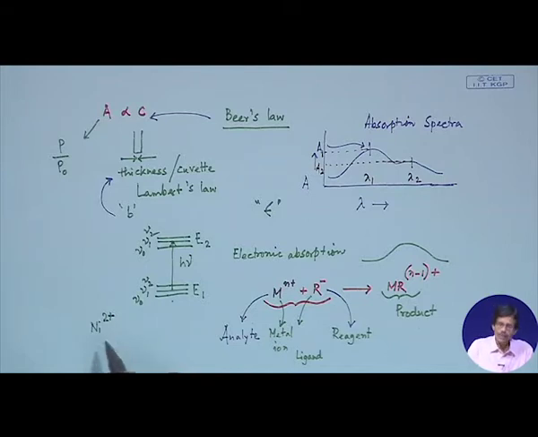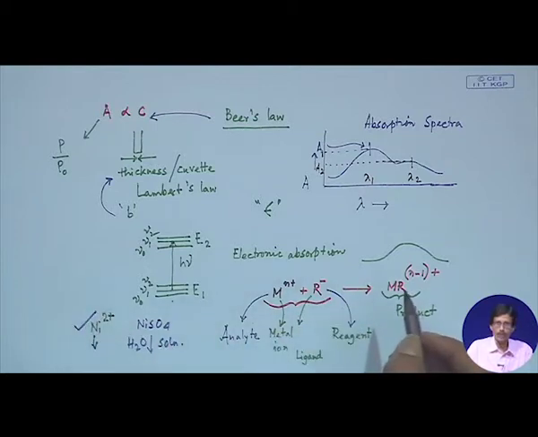So, if we use nickel sulphate for the solution, and this Mn plus is your nickel 2 plus, we all know which is in solution, colored or faintly colored, when you dissolve it, that means nickel sulphate is dissolved in water. So, we make the solution in water, we get Ni2 plus in the solution.